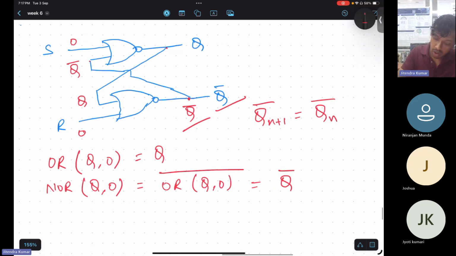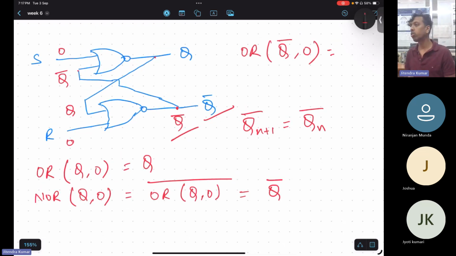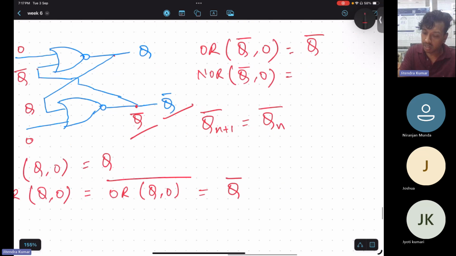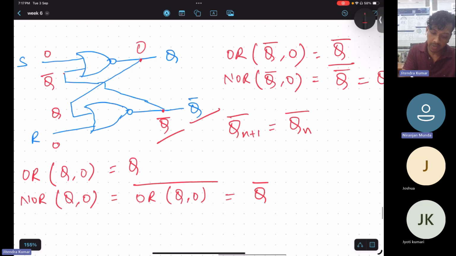So now first OR of Q bar and 0 will be what? OR of Q bar and 0 will be Q bar. Of anything with 0 will be that much. Okay. Now NOR of Q bar and 0 will be the complement of Q bar, which will be equal to Q. Okay, so here Q came. Again Q remained. So the memory did not change; what was at the previous stage is the same at the next stage, it is not changing.